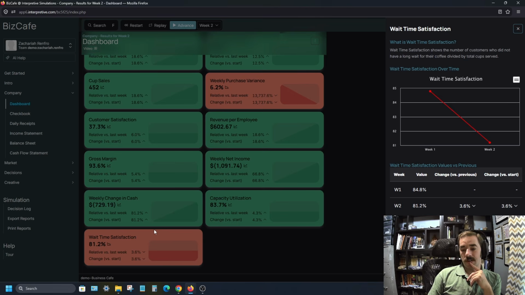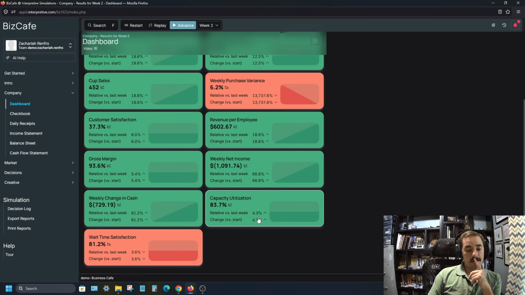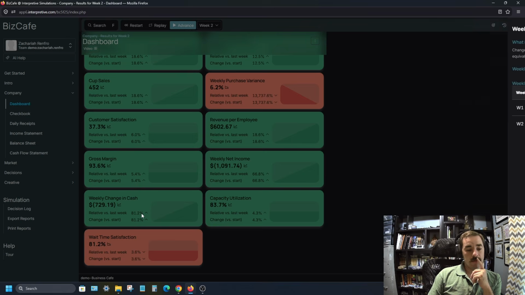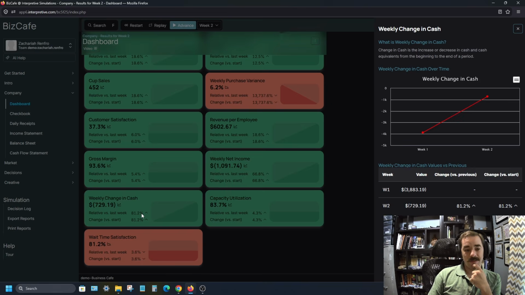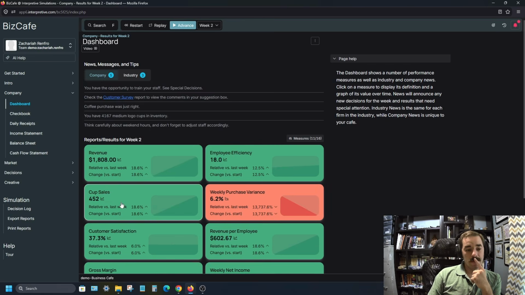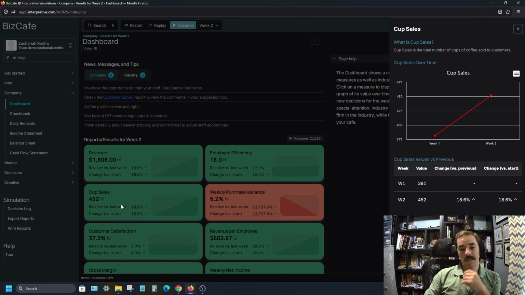Wait time satisfaction went down. Changing cash, we're still down 700 bucks. We had 452 sales, so that's good.